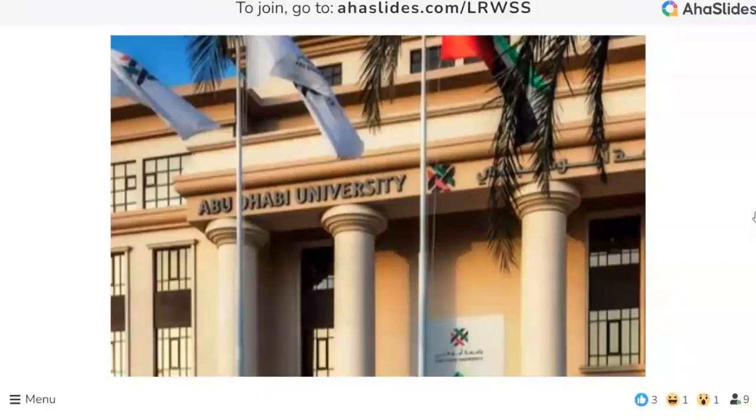Now, take the concept that I just mentioned about a cost center and think about the operations within Abu Dhabi University. Which managers within the university would be evaluated for controlling costs only? That is, their area of responsibility is referred to as a cost center.